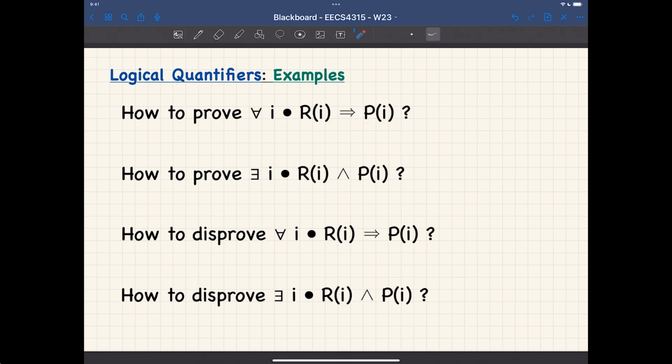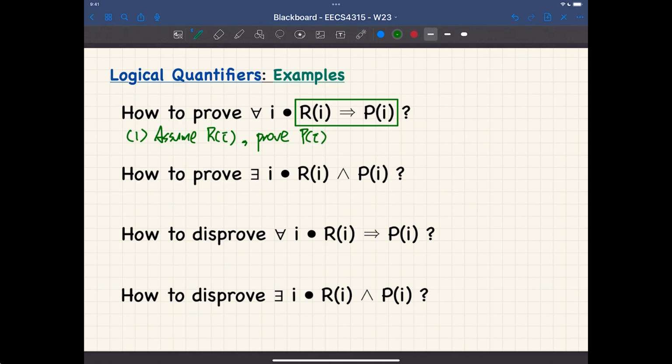So it boils down to how you can make this implication true. Of course, if you review the lecture from previous classes, we talked about the truth table for implication. One way to make it true is approach number one: assume R of I is true, and then you can prove P of I.